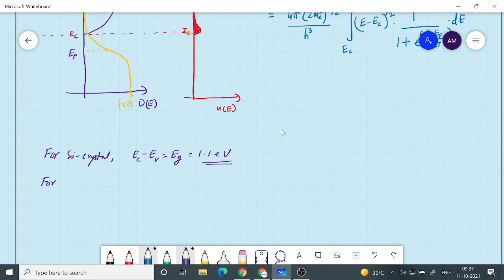For room temperature, this KBT is of the order of 0.026 electron volt.